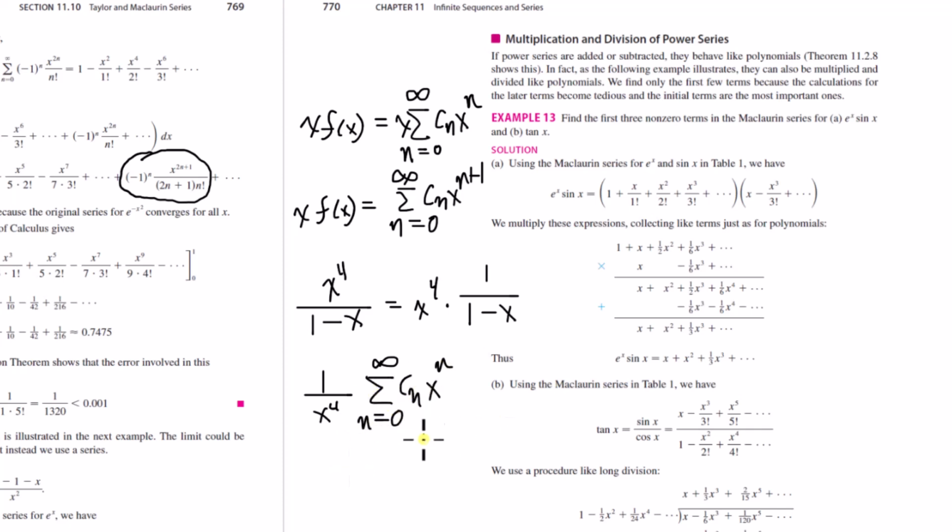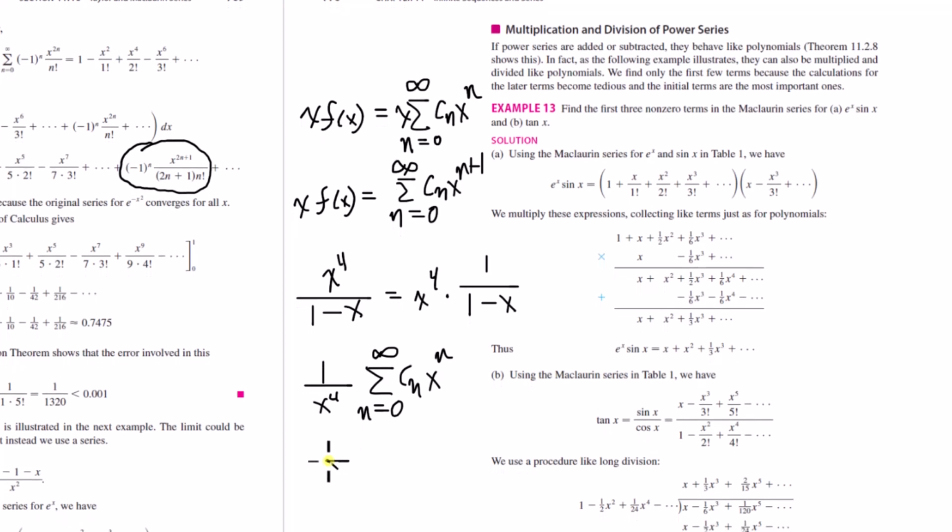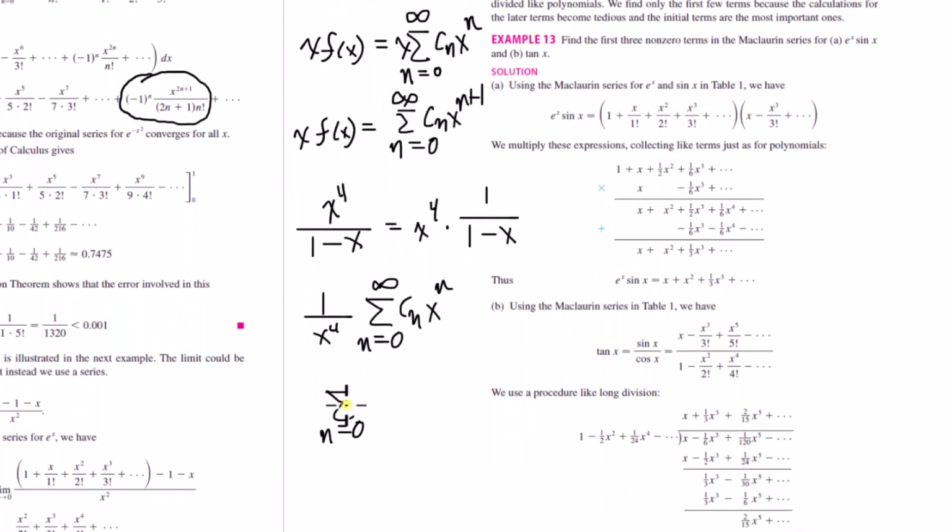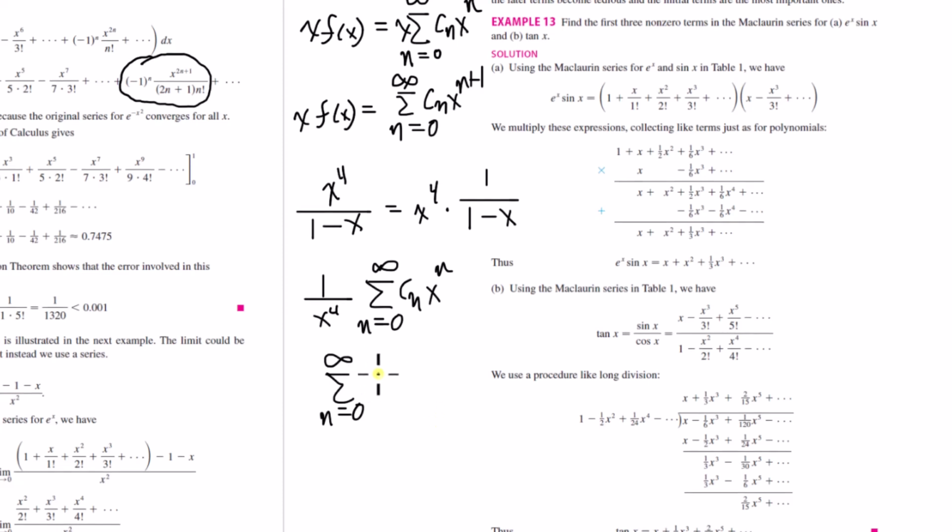The reason is that this is c sub n x to the n minus 4. And so it's not a power series because for n equal to 0, it's x to the minus 4. That's not part of the definition of a power series. In reality, you could write it this way.